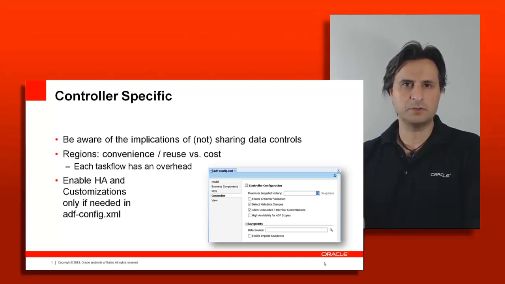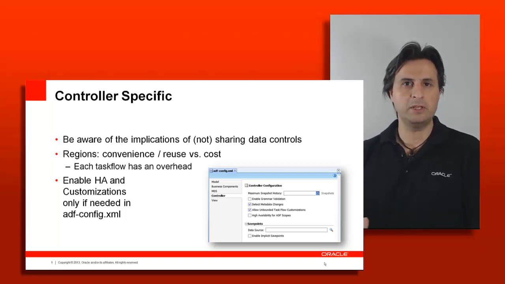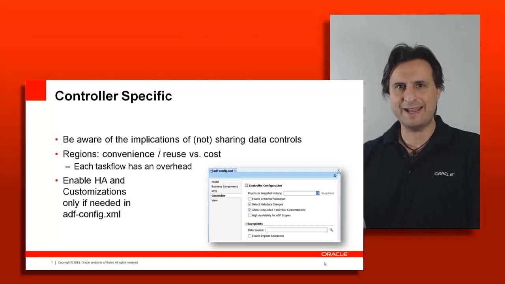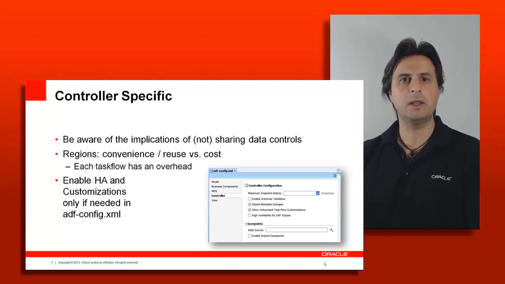However, most of your task flows should use a shared data control, because a shared data control will reuse an existing instance of a data control within the task flow. Especially when you use ADF business components, an isolated data control means you isolate your transaction, and a separate application module is launched as a root application module, which creates another database connection.